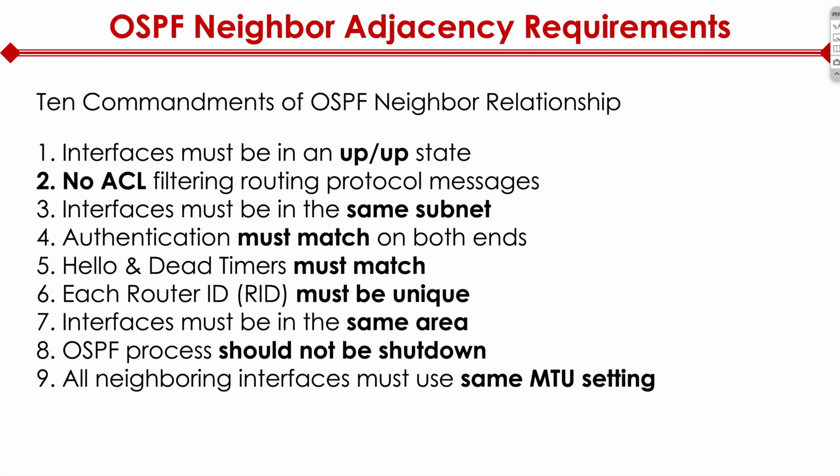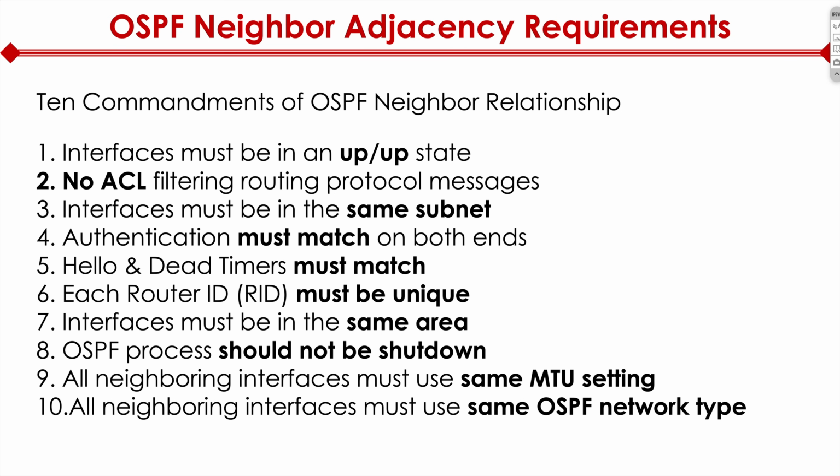If it's 1500 bytes on one side, then on the other side of the link, it should also be 1500 bytes. And finally, all neighboring interfaces must use the same OSPF network type. It's another one of those scenarios where if you had a mismatch, the neighbor relationship is going to come up, but then you're going to have bizarre issues where the information will never make it into the routing table.